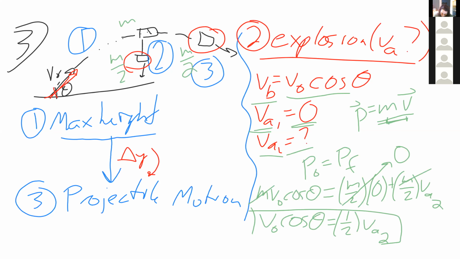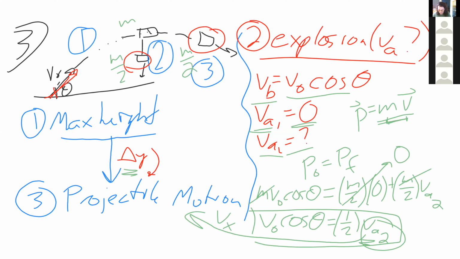Right here, you can solve for the velocity for the second particle. As I mentioned, that will also go into your projectile motion for the third section. And then in that section, you want to use your initial height, which comes from the max height in the first part. And you want to use this as your initial velocity, which is all going to be the x velocity. So you can call that v sub x. And then you will solve for delta x in that problem.